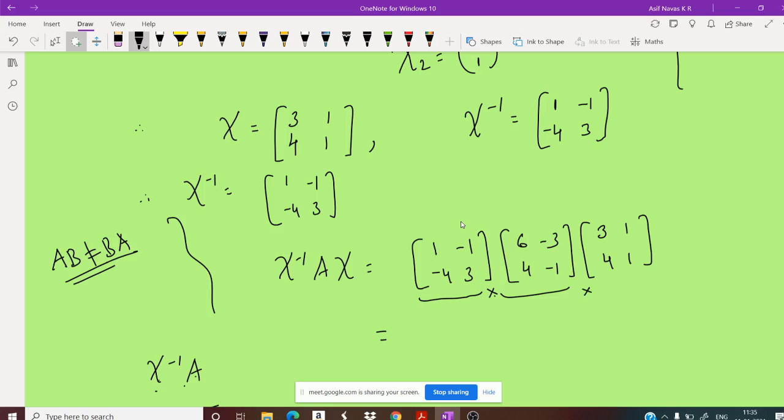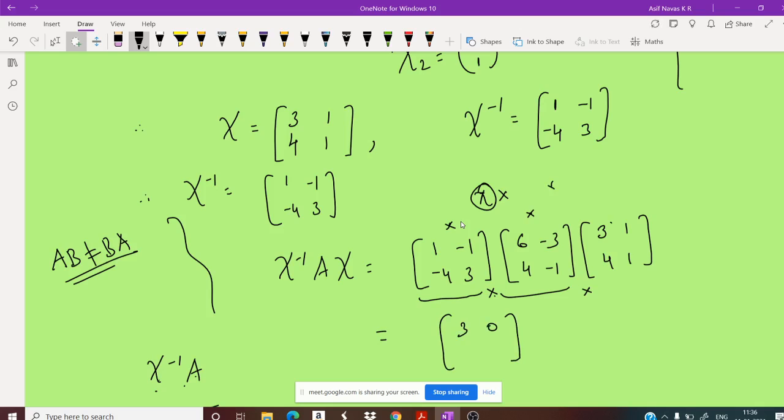So you cannot interchange. First multiply this into this into this, then you will get an answer, right? That answer you should write this side only, into this. And tell me what is the answer.